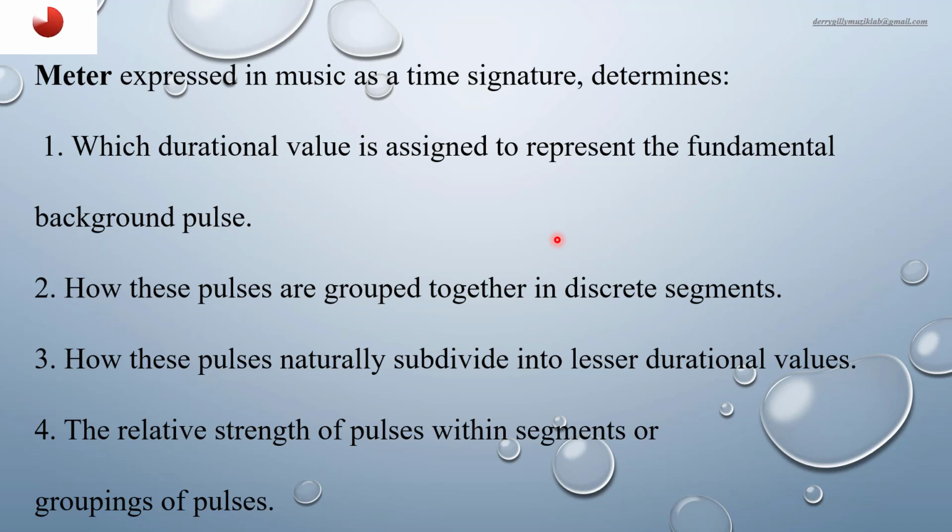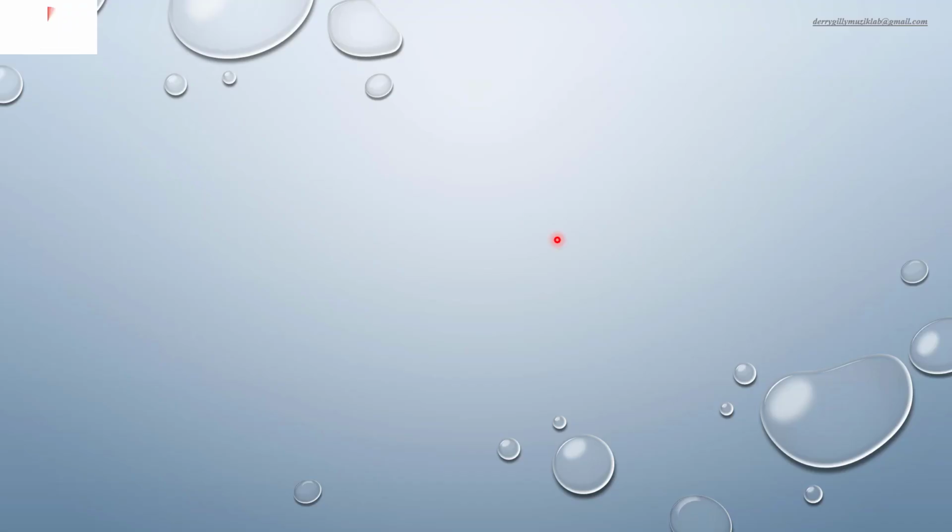So the meter expressed in music is determined by these four: which durational value is assigned to represent the fundamental background pulse, how these pulses are grouped together, how these pulses naturally subdivide into lesser durational values, and the relative strength of pulses within segments or groupings.